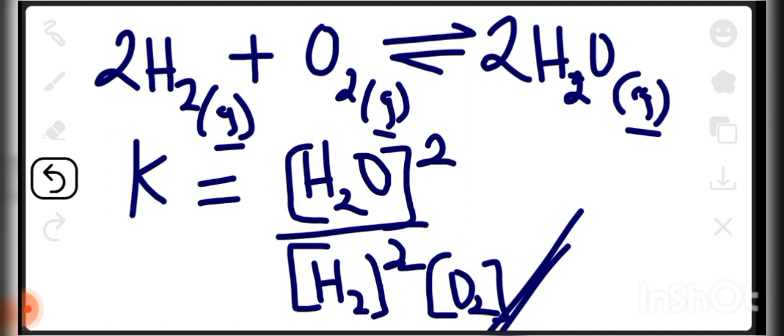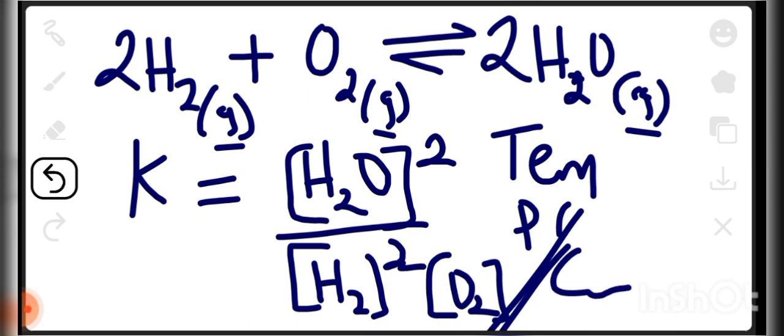So let's look at Le Chatelier's principle. How do temperature, pressure, and concentration affect chemical equilibrium?